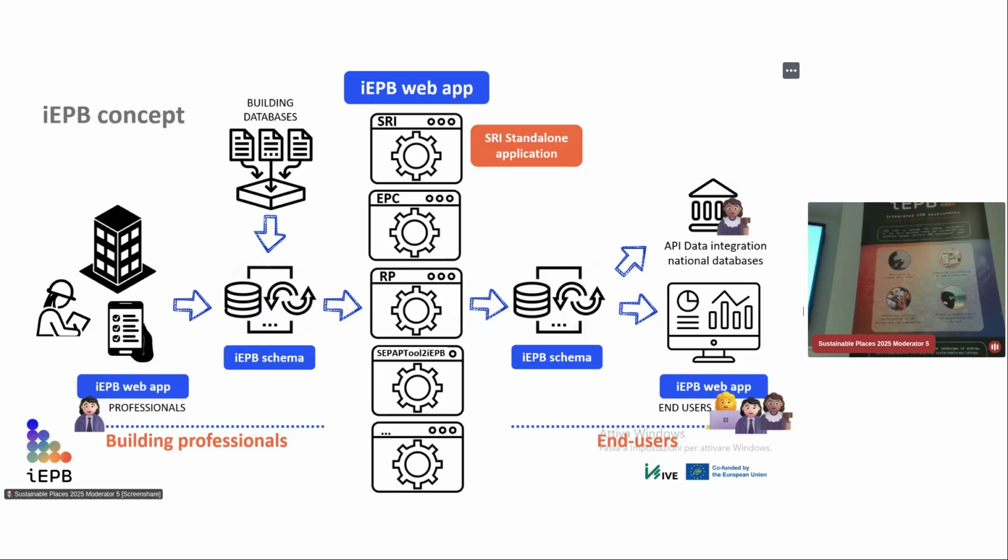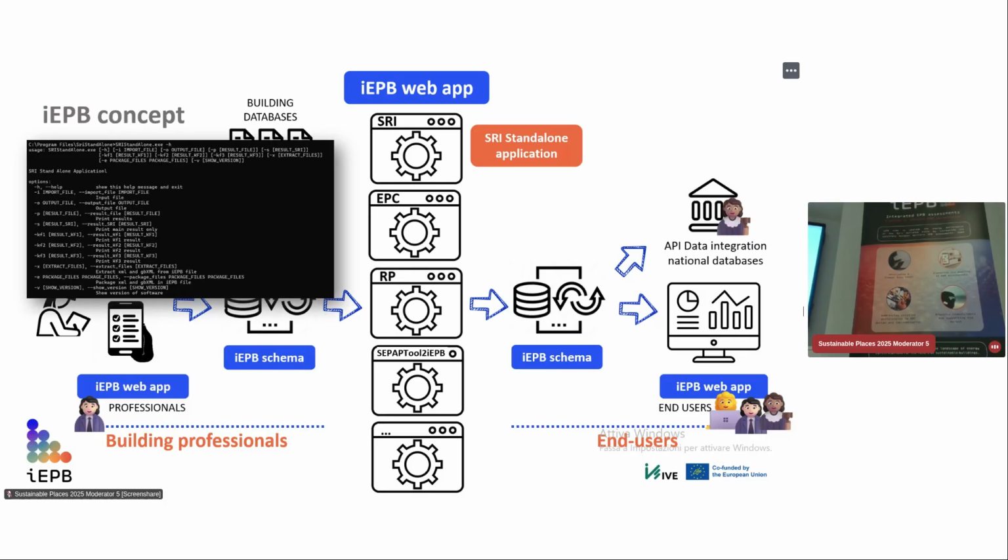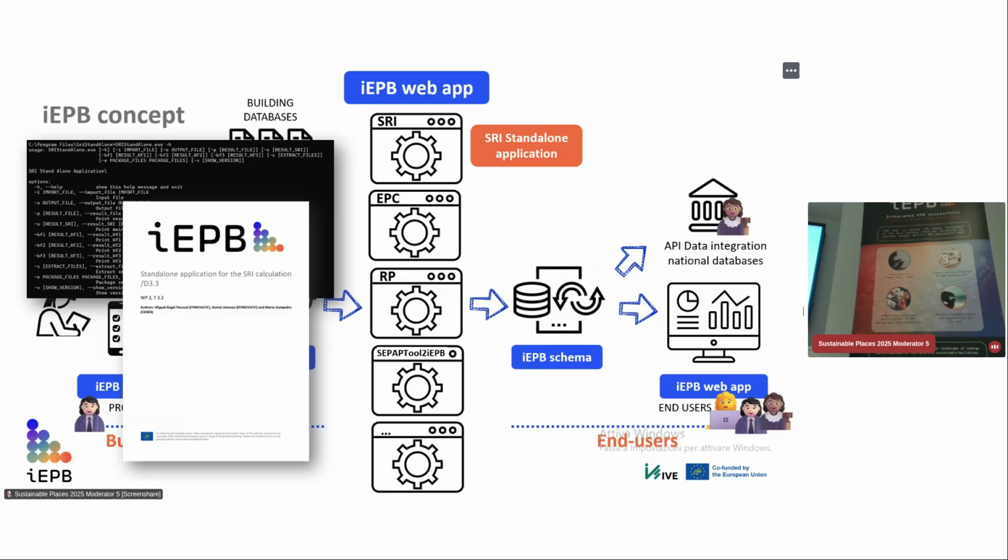We have developed also an SRI standalone application that is a calculation engine that could be incorporated in any assessment. It looks like that. It's just this, but it's very useful. Believe me, because you can put it in an EPC software and it calculates SRI directly.